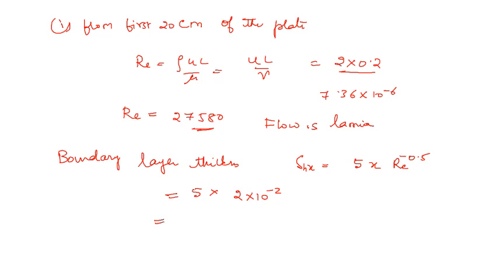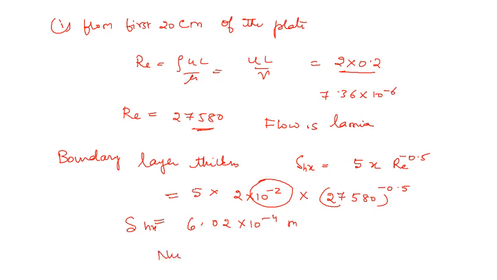First, it has been asked for the boundary layer at 20 centimeter, so we have to convert centimeter to meter. That's why this conversion factor. Then Reynolds number we got as 27580 to the power minus 0.5. So we'll get the boundary layer thickness to be 6.02 into 10 to the power minus 4 meter.